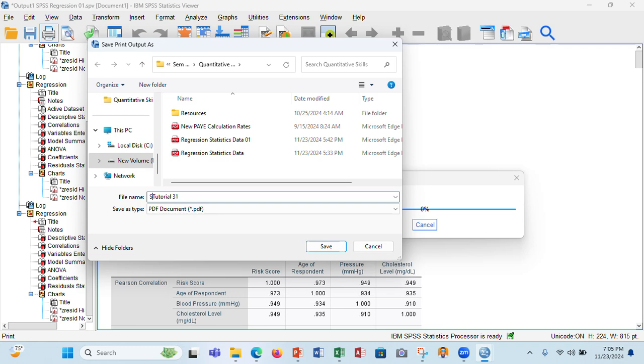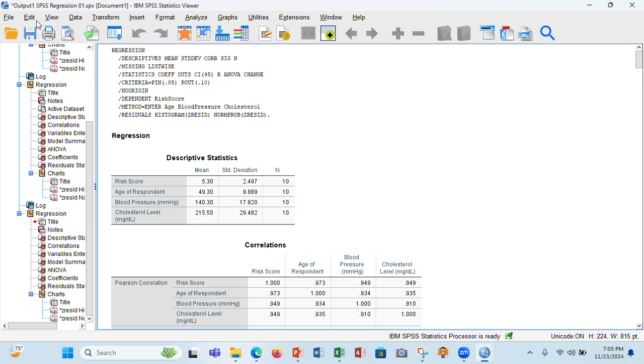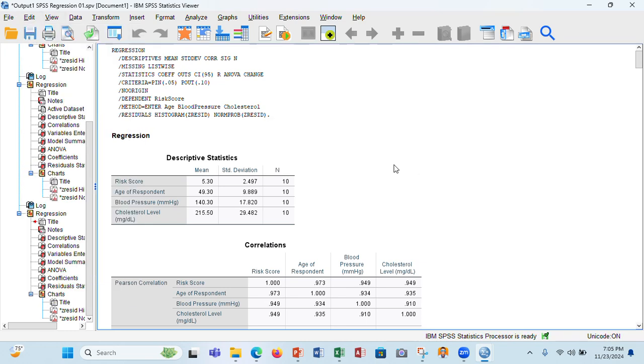I can even name it SPSS tutorial 31 online. So when I've saved it, I can now get it from there, but it doesn't mean that you have saved your file here in SPSS.